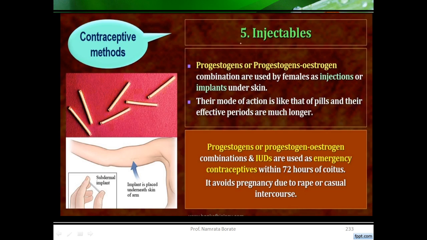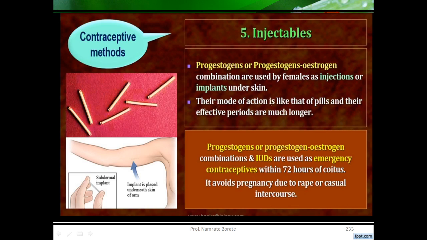The fifth temporary contraceptive method is the injectable. Progestogen or progestogen-estrogen combination is used by females as an injection or implant under the skin.